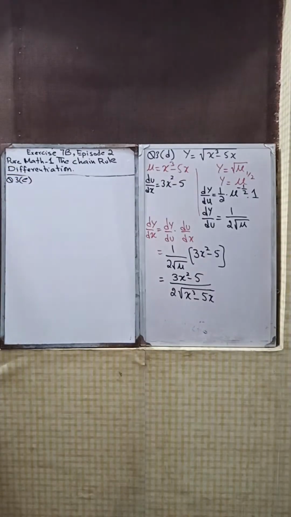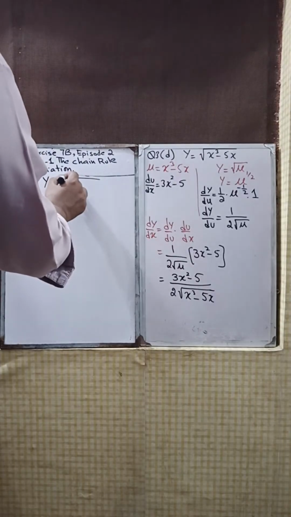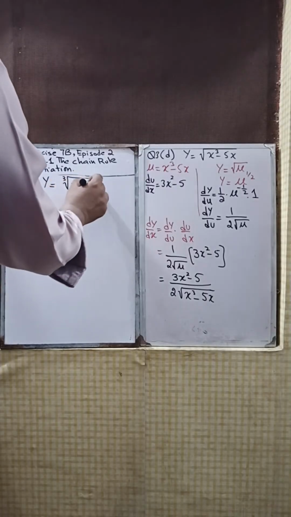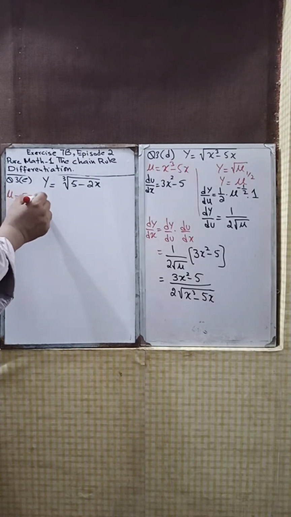Here we have question number 3, its E part: y is equal to the third root of 5 minus 2x. So same, I will say that u is equal to 5 minus 2x.